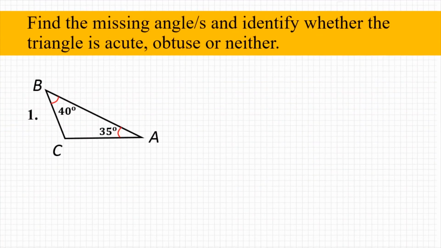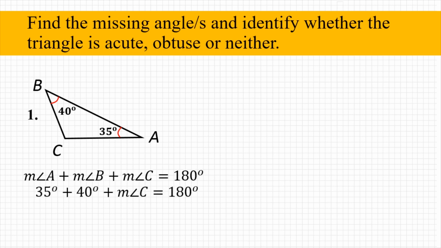Find the missing angle and identify whether the triangle is acute, obtuse, or neither. For example, this triangle has angle A measuring 35 degrees and angle B measuring 40 degrees. The sum of angle A, angle B, and angle C is equal to 180 degrees.